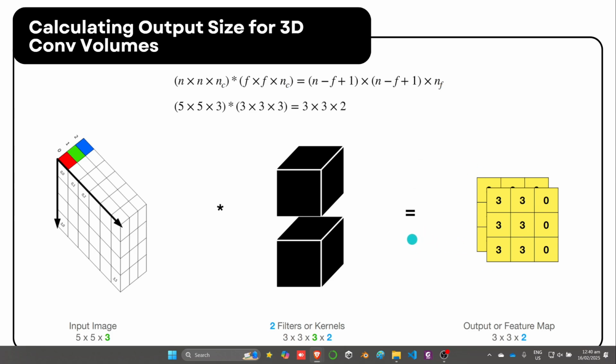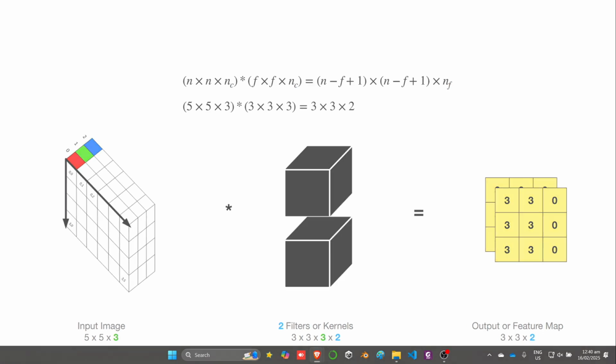This is not that complicated. It's just a way to establish some guidelines. So when you're calculating what your feature map should be, you have a formula to work with. This is the formula right here, no? So that concludes this section on how you operate convolutions on 3D images or color images.